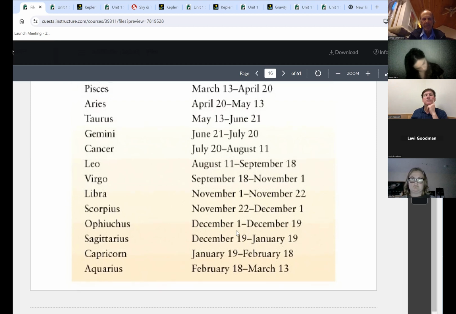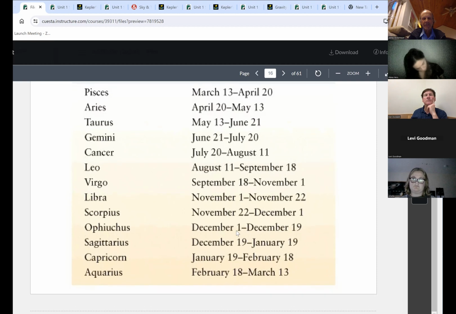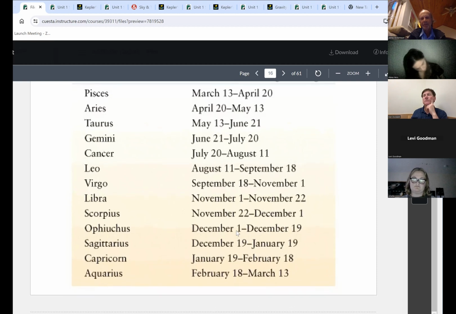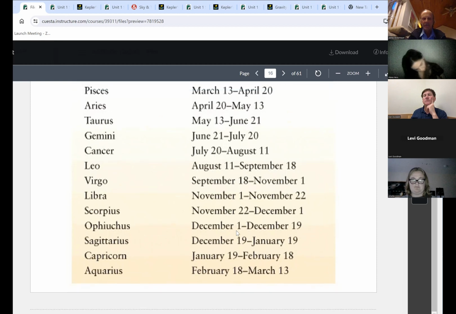But the science of astrology has a few holes in it because the astrologers haven't bothered to update their charts in 2,000 years.